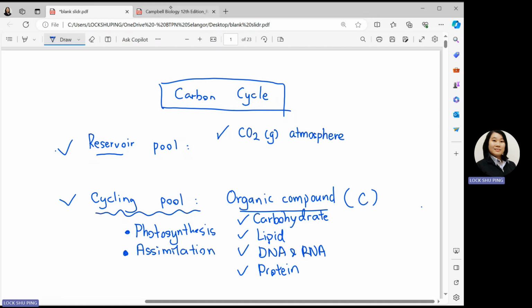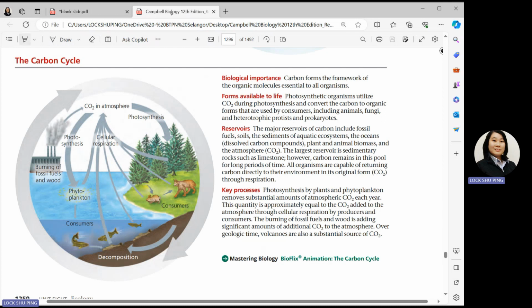But if you look at your reference, you will notice that it is not only the carbon dioxide in the atmosphere, but we also have other reservoirs for carbon, for example the fossils, the soil, and the sediments inside the aquatic ecosystem.